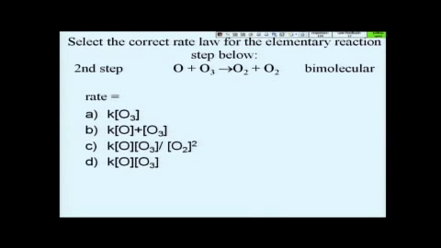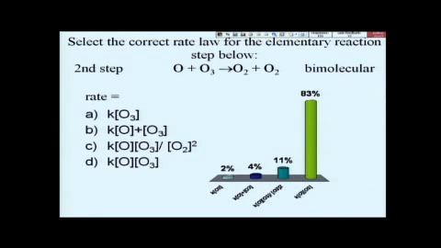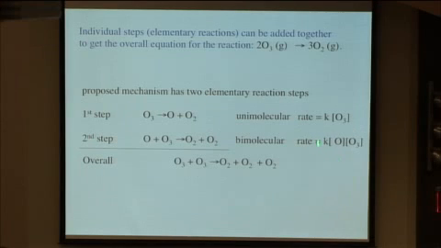Okay, let's just take 10 more seconds since class is almost over. Yep. So it's this one right down here. So we have the rate is equal to K times these two reactants.